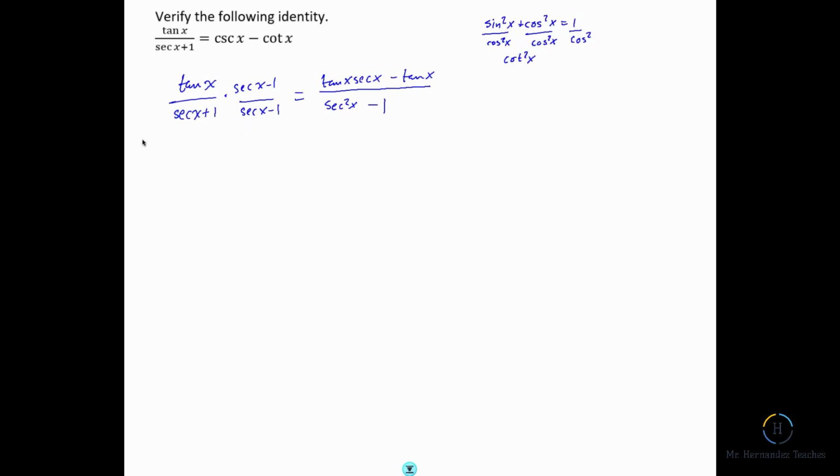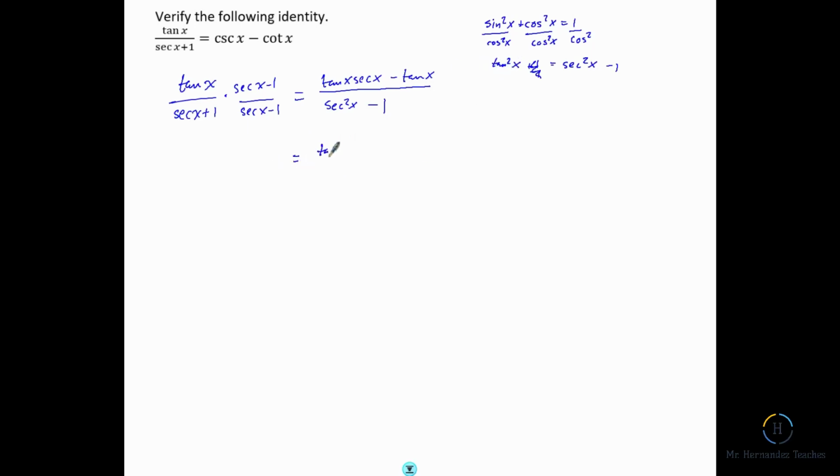It's not cotangent squared. That's going to get me tangent squared x. Well, cosine divided by cosine, that's 1. And then 1 over cosine squared is secant squared x. Well, if I subtract 1 over here, so it's going to be minus 1 and minus 1. Well, secant squared x minus 1 is equal to tangent squared x. So let's make that substitution.